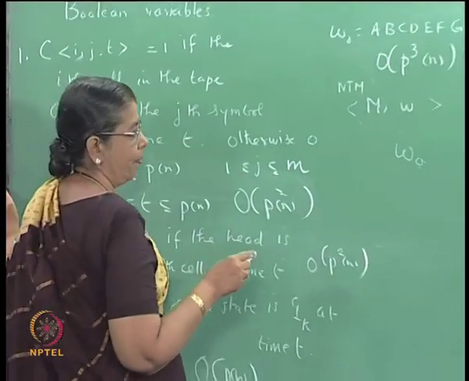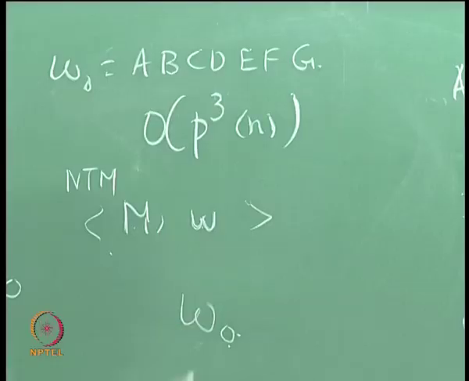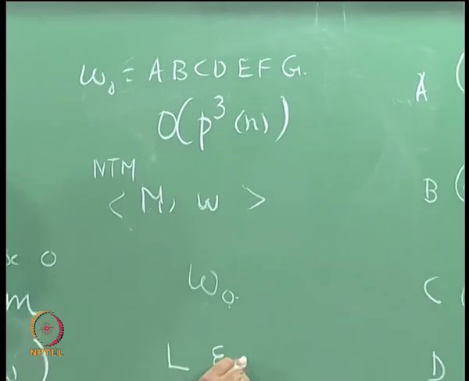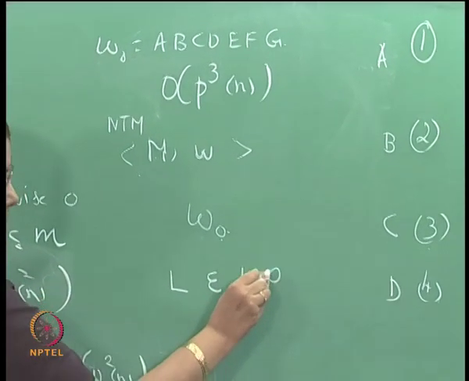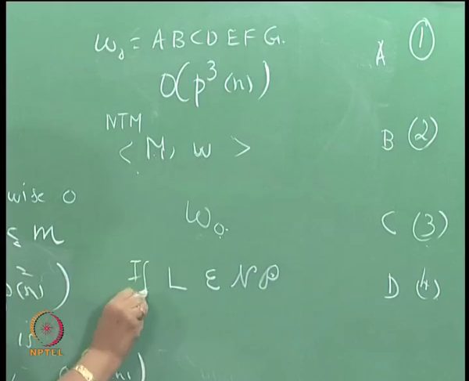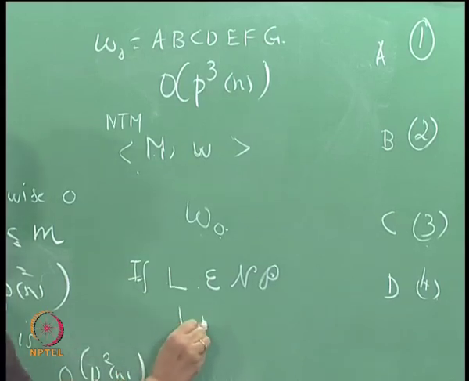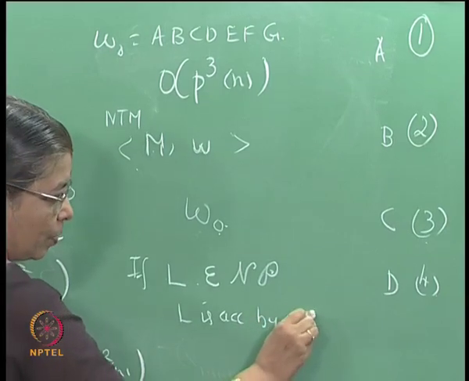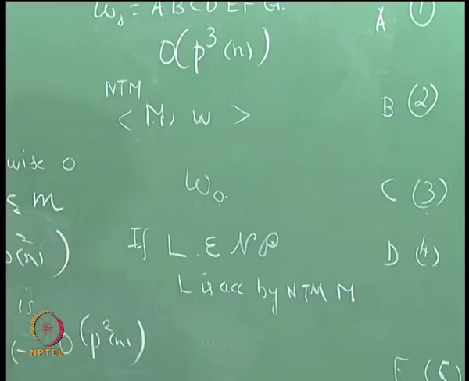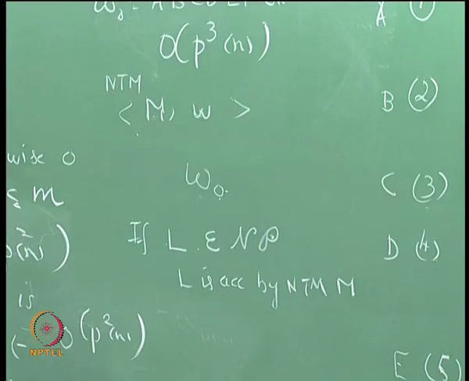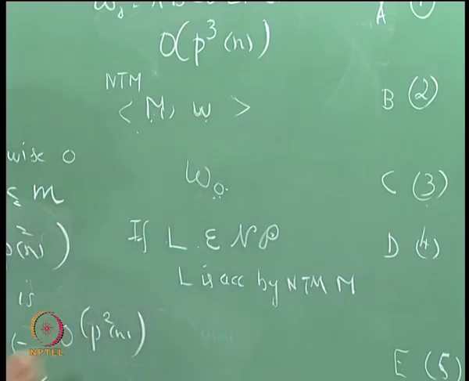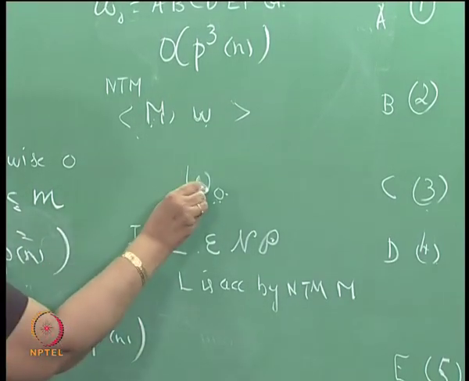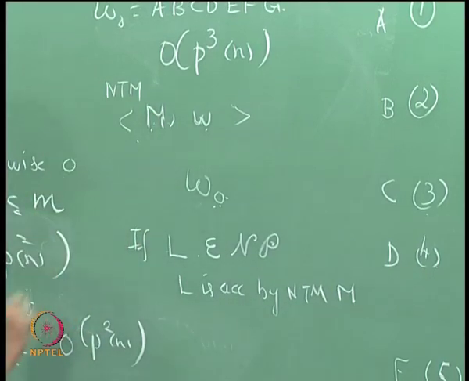That is, if L belongs to NP, then L is accepted by a non-deterministic Turing machine M. And you know that from this you can write down w naught such that w naught is satisfiable if and only if M accepts w.